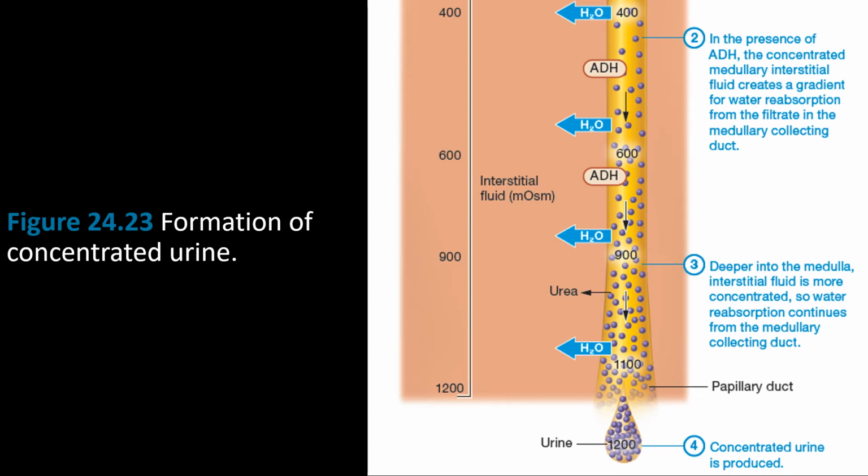And eventually, concentrated urine is produced. This produces a urine with a concentration of up to, like I said, 1,200 milliosmoles. And we cannot make more concentrated urine because after this point, there's no longer a gradient to drive osmosis. It exits into the renal pelvis and is transported into the ureters, and we'll talk about that next.